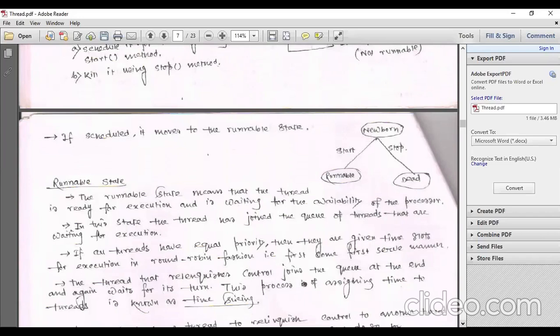Fine. If all threads have equal priority, then they are given time slots for execution in round robin fashion, that is first come, first serve manner.